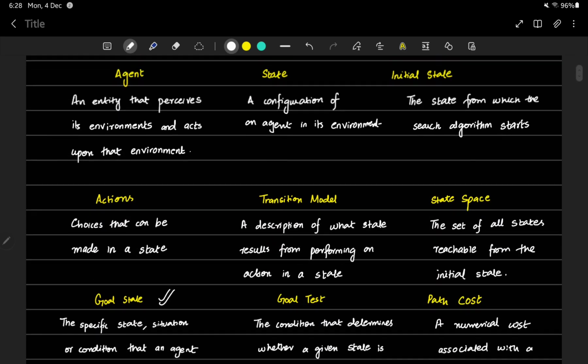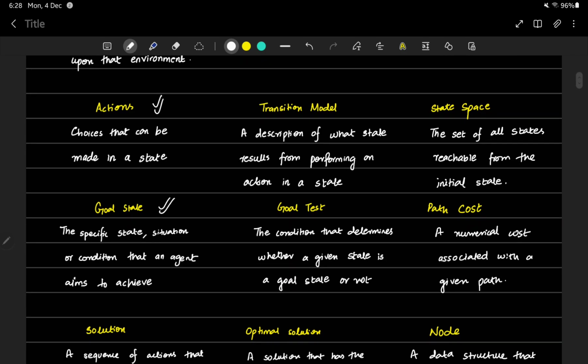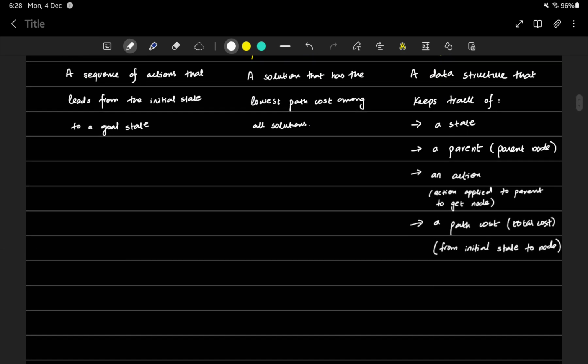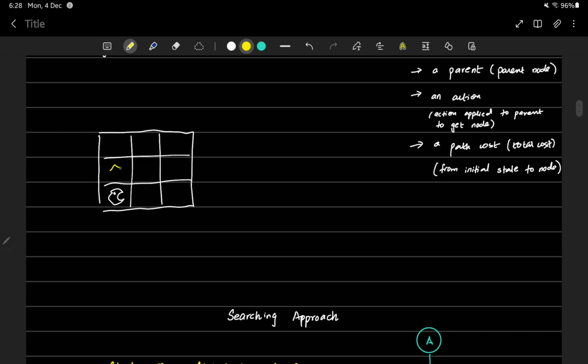Okay, so let's talk a little bit about actions now. So actions are just choices that can be made in a state. Now, giving you this example again, if my agent is here, what are the choices available to it to move, right? It has the choice to go left, it has a choice to go upwards, it has a choice to go right.